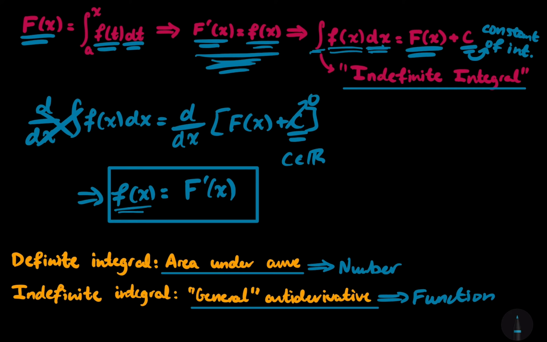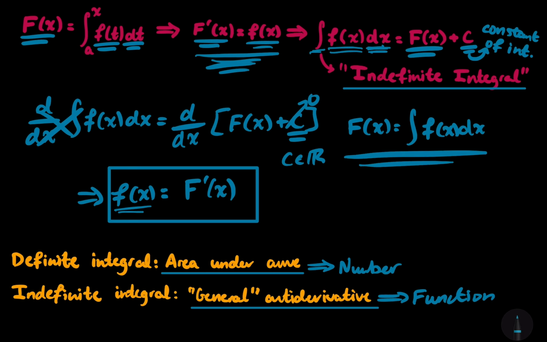So if we want to obtain capital F of x, then the most general and precise way to do it is just to take the indefinite integral of lowercase f of x. And so if you want to define it this way, you can say that capital F of x is just equal to the indefinite integral of lowercase f of x dx. And that's the most precise way that you can define a function as the antiderivative of another function.